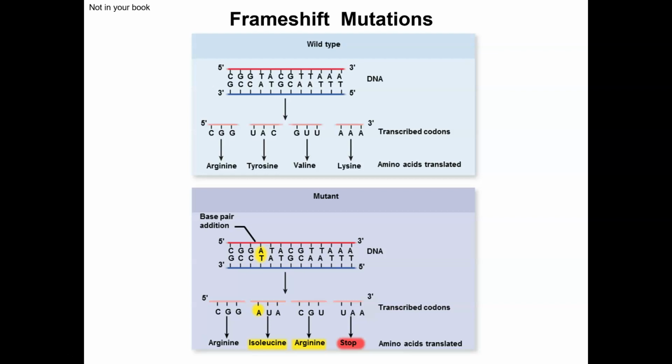Look at what it does to the codon sequence. The first 3 are okay. You still get arginine. But after that frameshift mutation, now you get isoleucine, arginine, and now there's a stop codon where there wasn't one before. Frameshift mutations ruin genes, because everything from the point of that addition or deletion on is garbage.